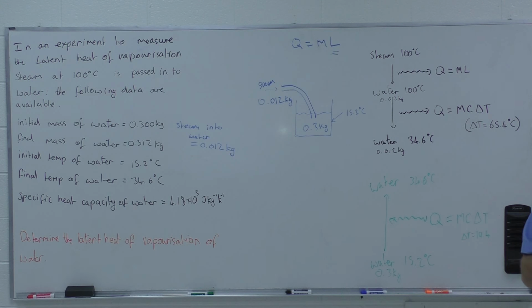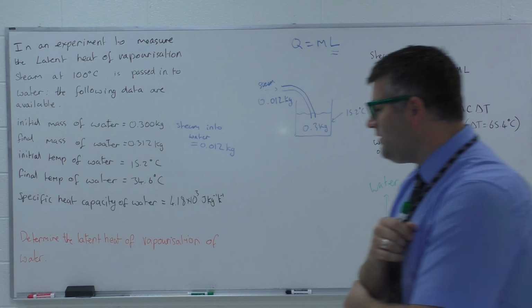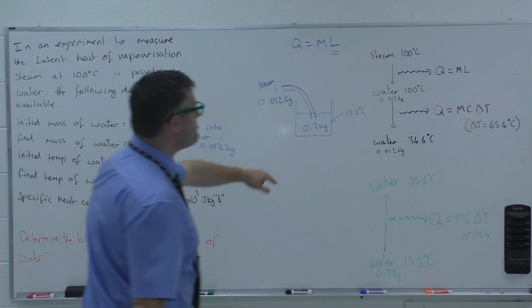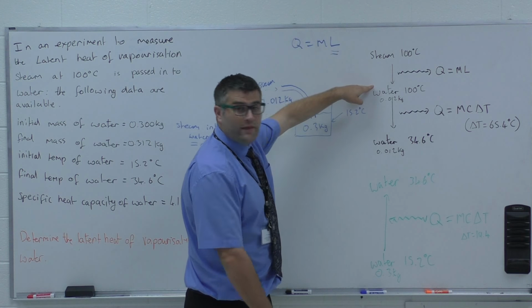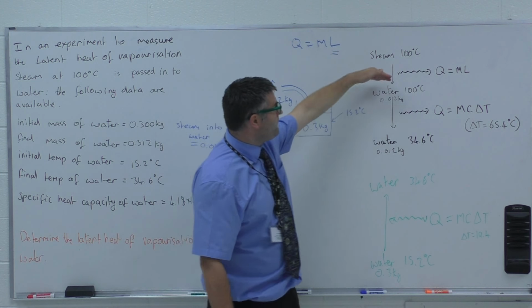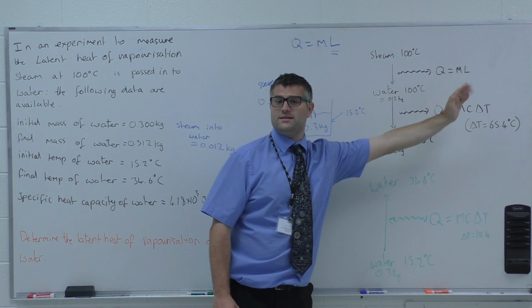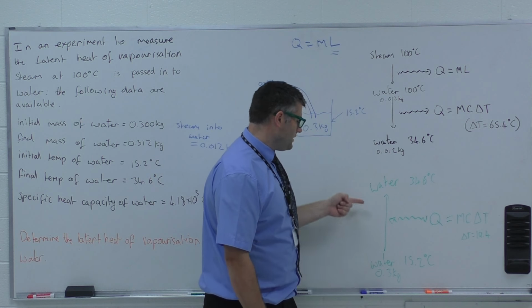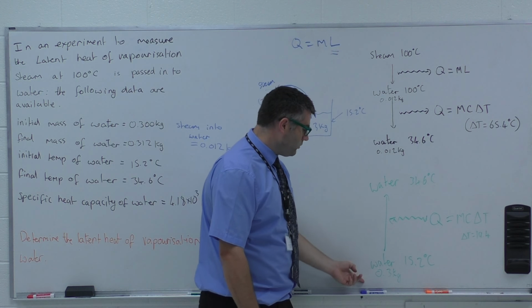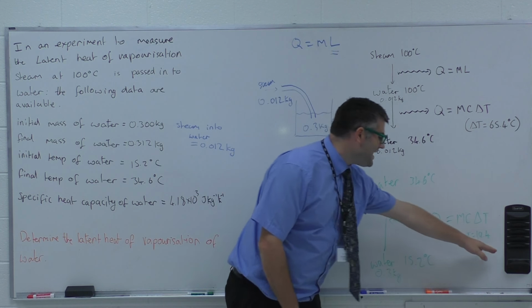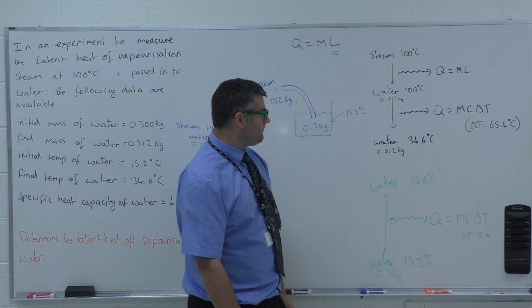So now we're at a point where we've got all the information and the story told. We can see that the steam is turning into water, and that water is turning into water at a cooler temperature, and we've assigned the energy that's being released in each case. And then here we've got the 0.3 kilogram water that was at 15 degrees increasing its temperature because it's gaining all this energy.